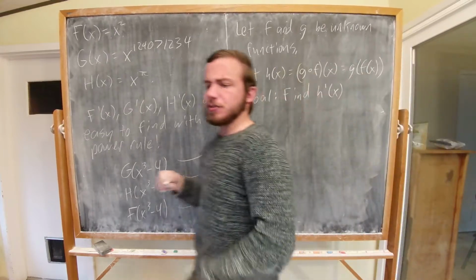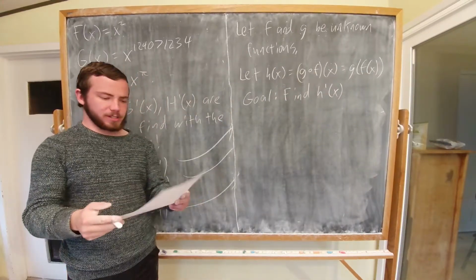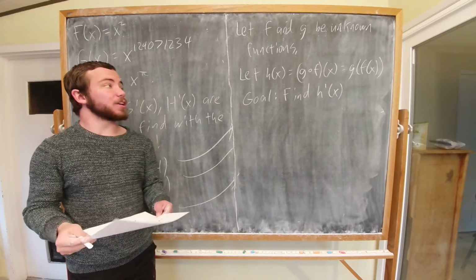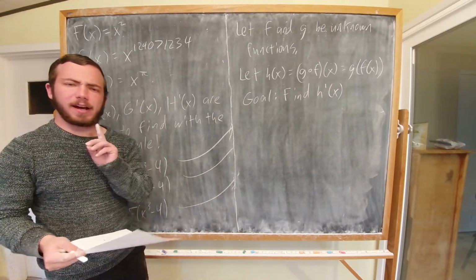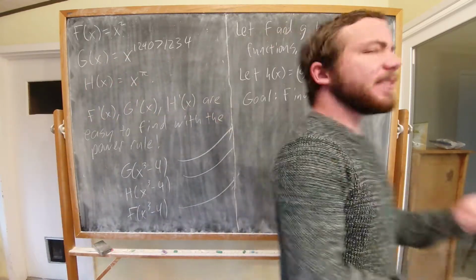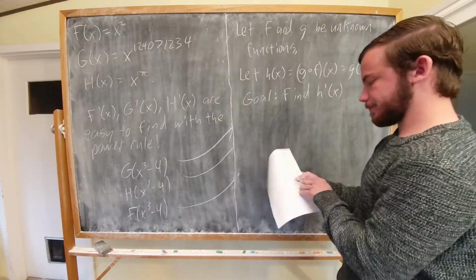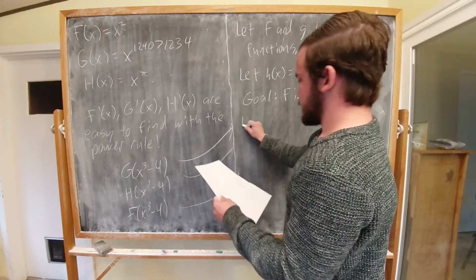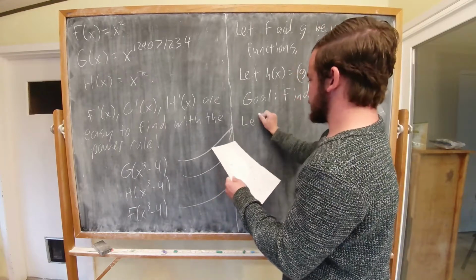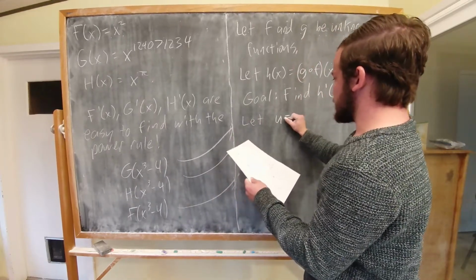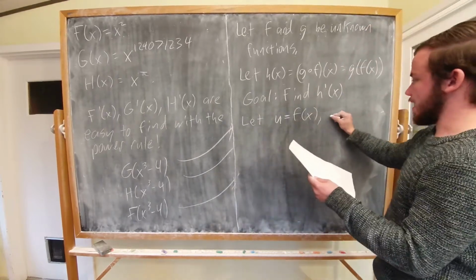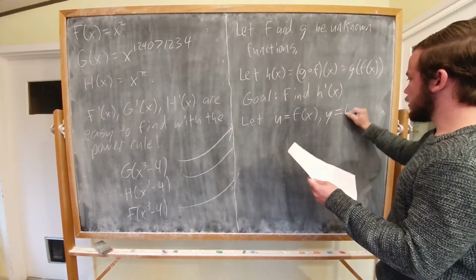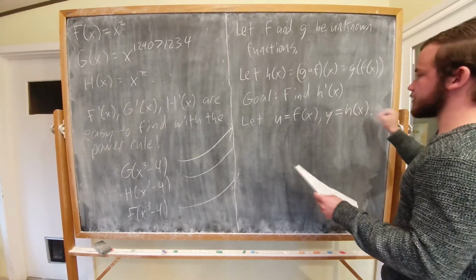And we ask ourselves, okay, how are we going to go about finding h prime of x? Let's make a quick couple of substitutions that'll help us see things better. Let's let u equal f of x and y equal h of x.